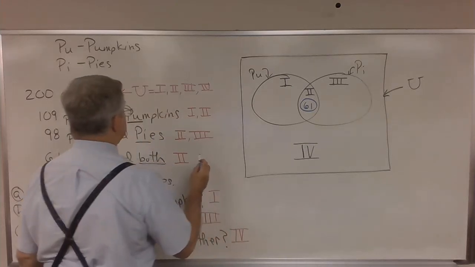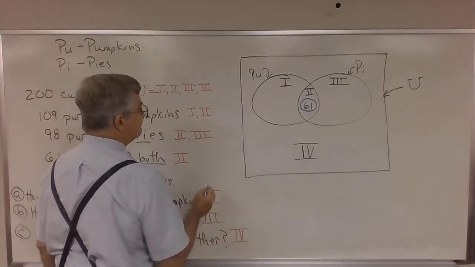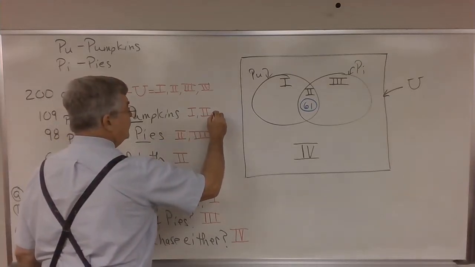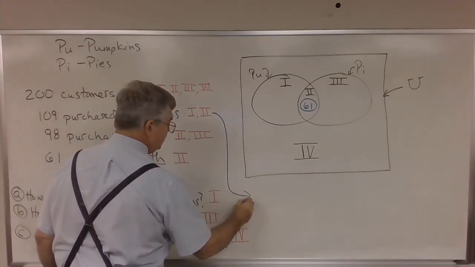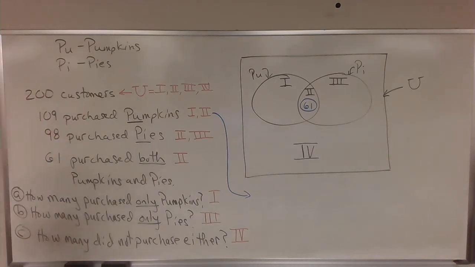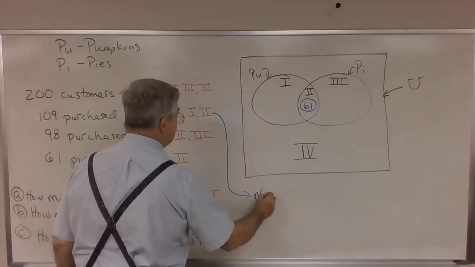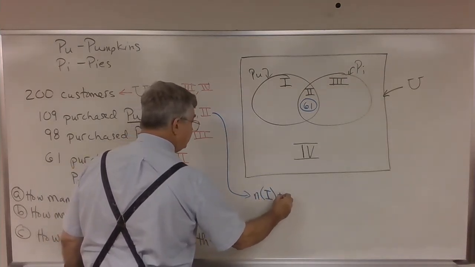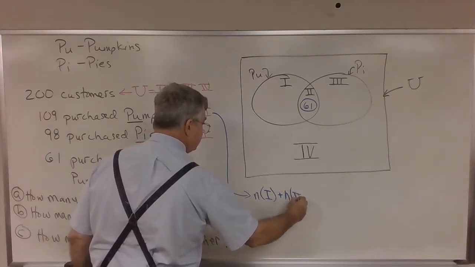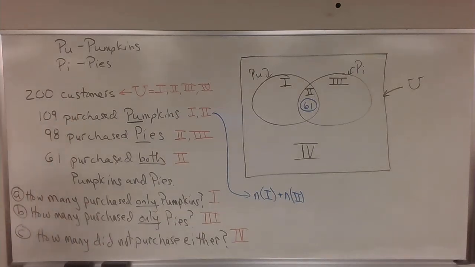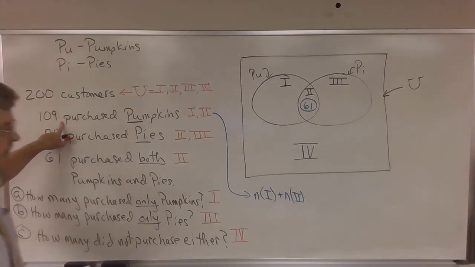So let's see. I'm trying to find a place to write on the board where I won't mess things up. Okay. The number of people in region 1 plus the number of people in region 2, those are the ones that purchased pumpkins.